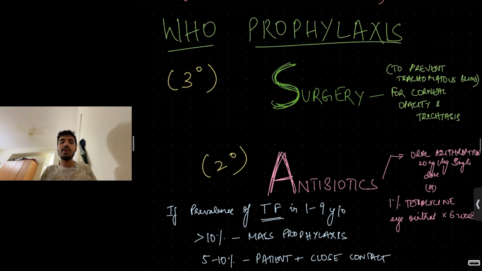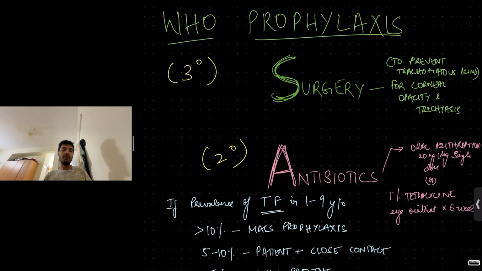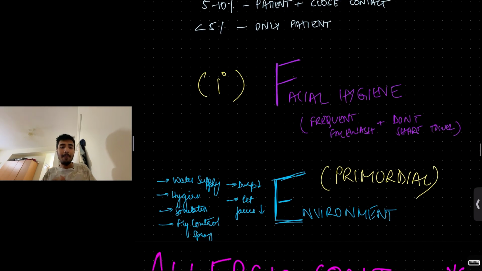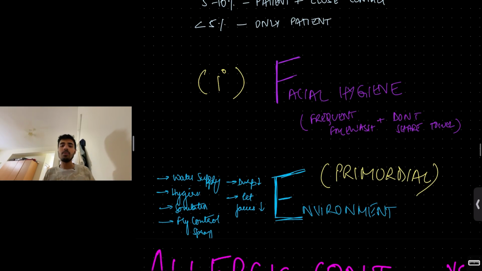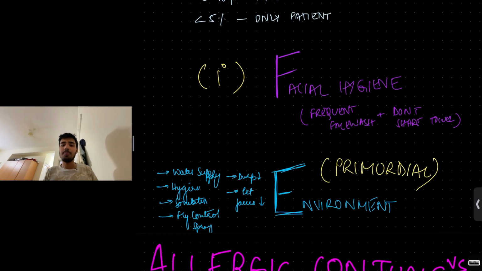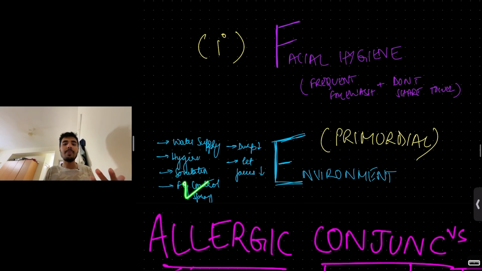WHO gives something known as the SAFE strategy for prophylaxis. So we'll start from the bottom, E. E for environment. Basically, what happens? Primordial prevention is through environmental measures, like all the risk factors that I mentioned, completely opposite. Improve water supply, improve hygiene, improve sanitation, use fly control spray, reduce dumping of waste, and ensure proper disposal of feces, like pet feces.